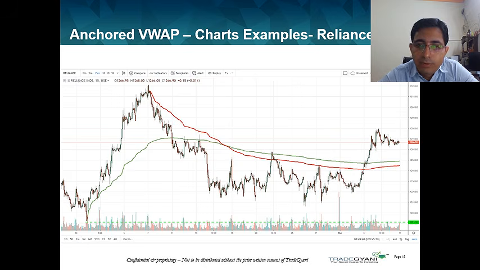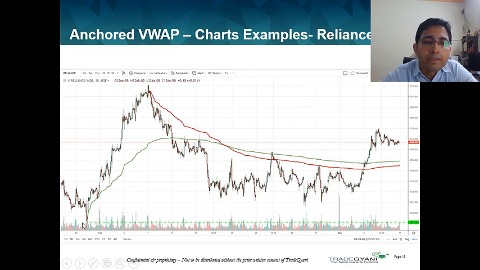So when I am doing anchored VWAP on a daily time frame, I have to provide 9:15 as an input time. Whereas on a 15-minute time frame, I have taken 3 p.m. on that day as an input. And this is the fall that started from 9:15 itself. So 9:15 is the input on this one.